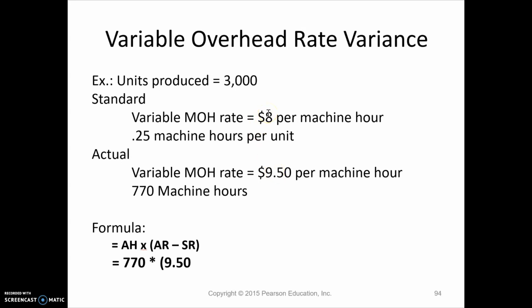The standard rate was 8. So that comes to $1.50 times 770. 1,155 is the rate variance. That's going to be unfavorable because the actual rate ended up being higher. So that's the portion of our variable overhead variance that's due to our overhead rate being different than the standard.